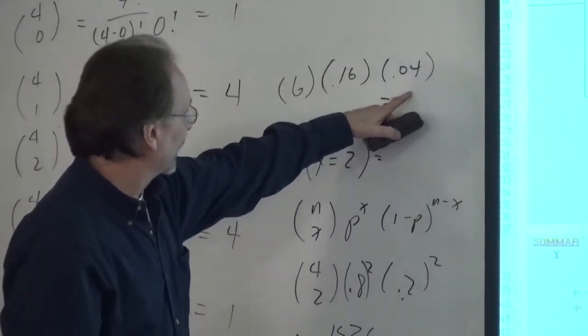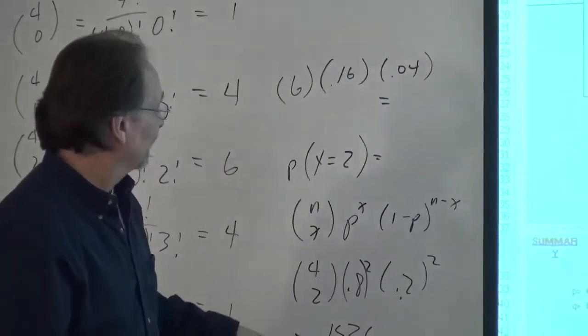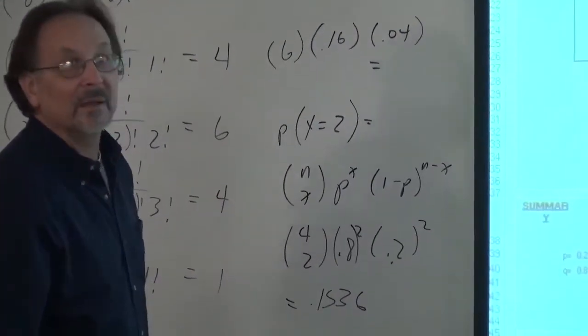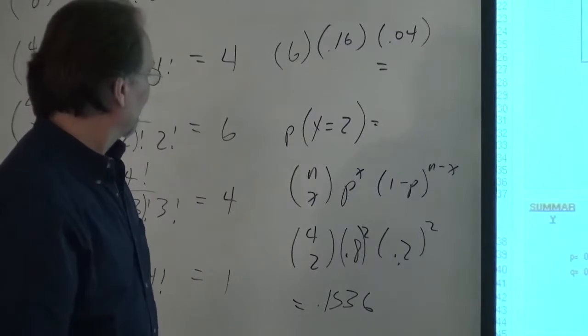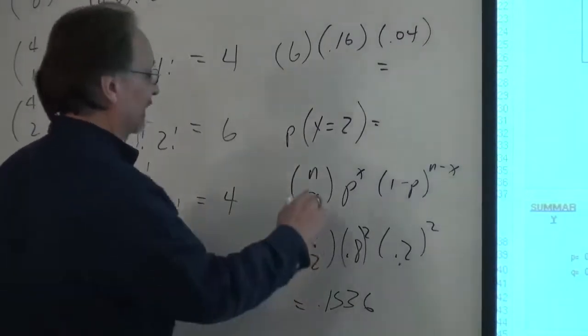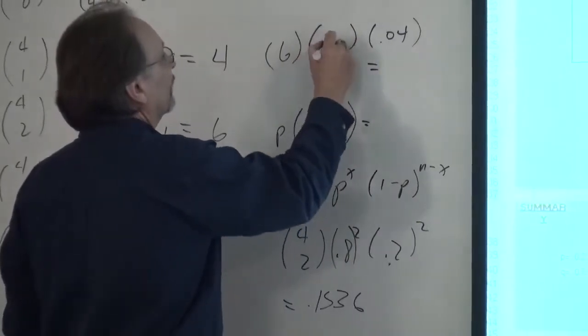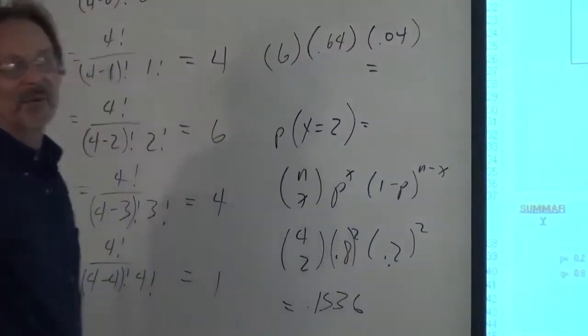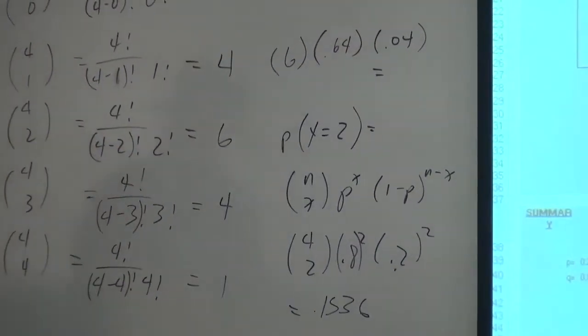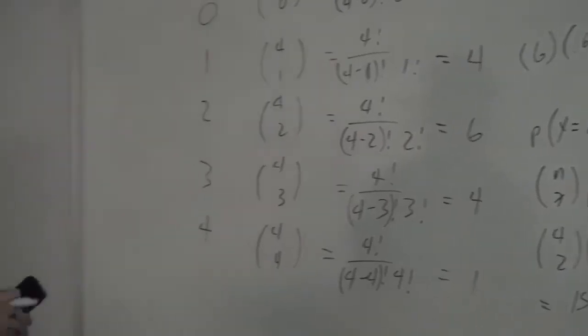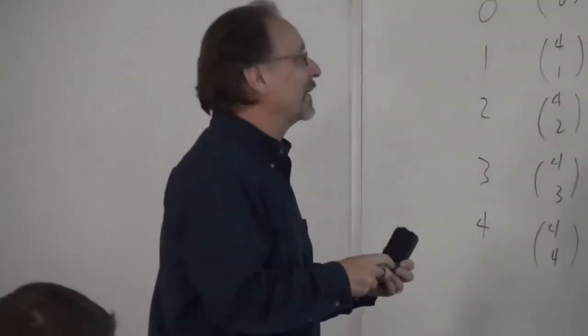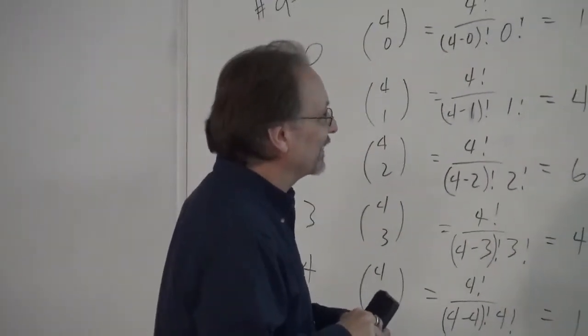Okay, then that's where I made the mistake. No, the 0.64, where you squared your 0.8, it is 0.16. Oh, okay. Yeah. There we go. That's more like it. I should never do arithmetic in my head. Okay, so that should look a little bit better. 0.1536.